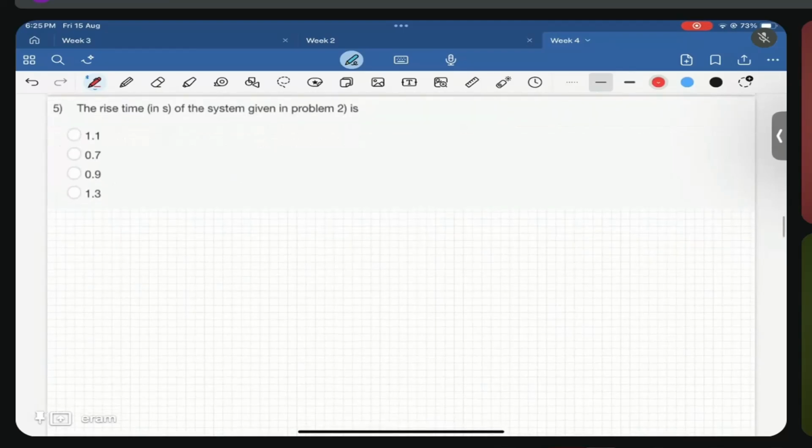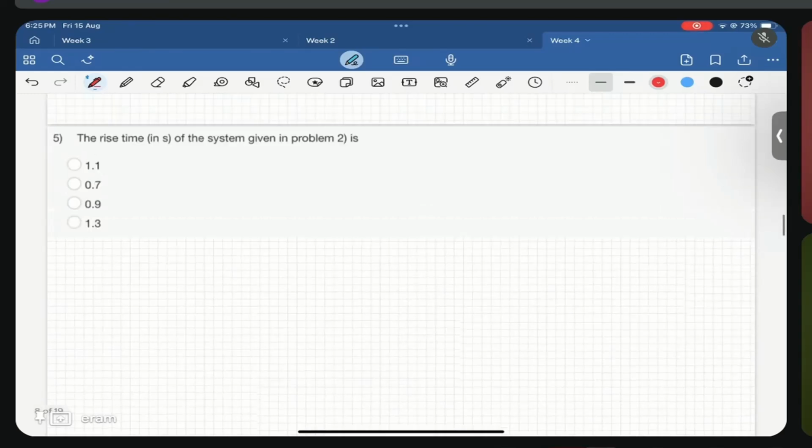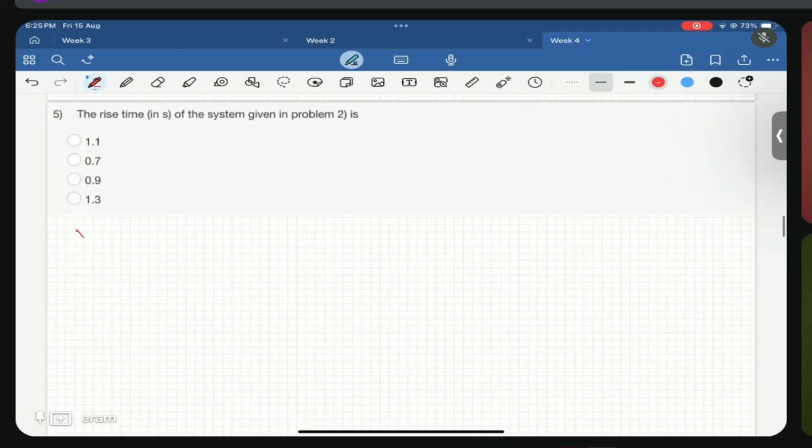For this system, calculate the rise time. What is the rise time of this system? The system is y by u equals 1 by s square plus 6s plus 20.